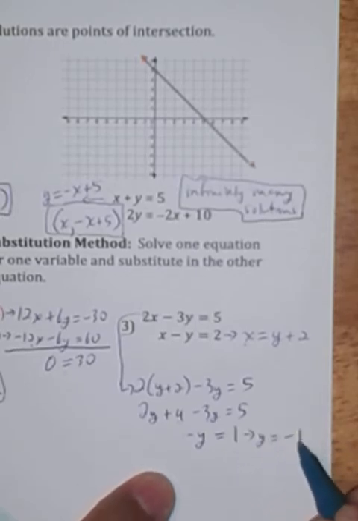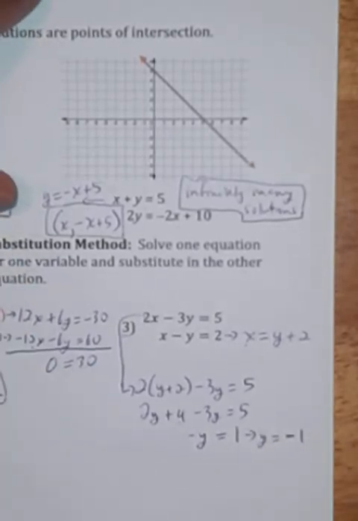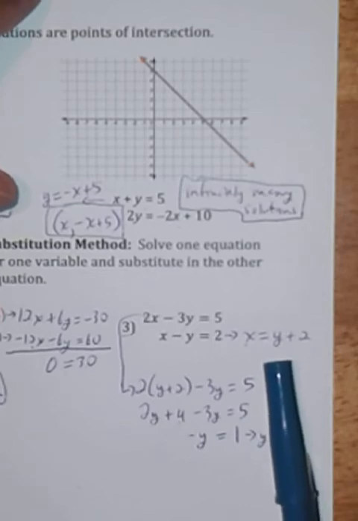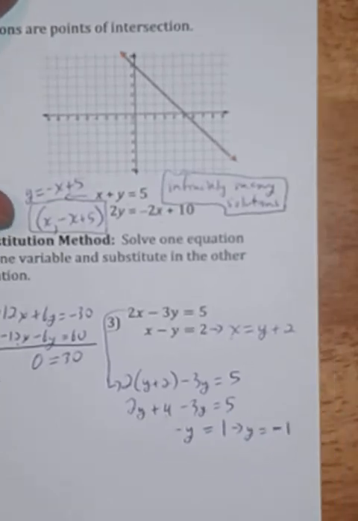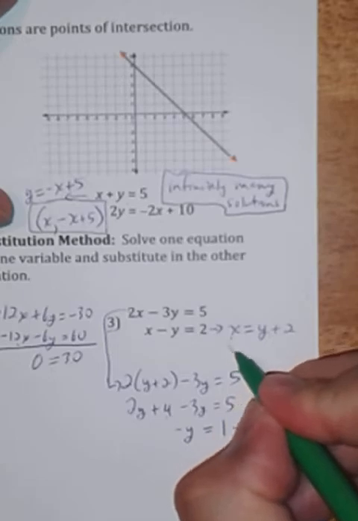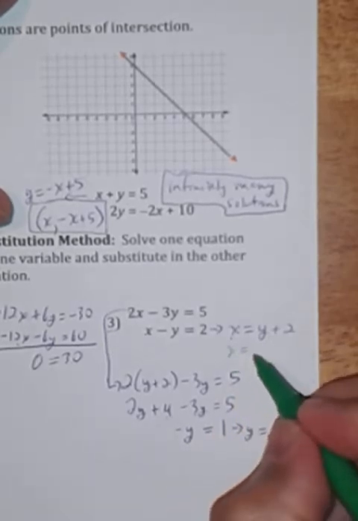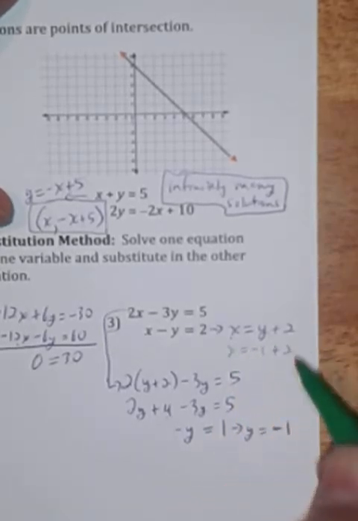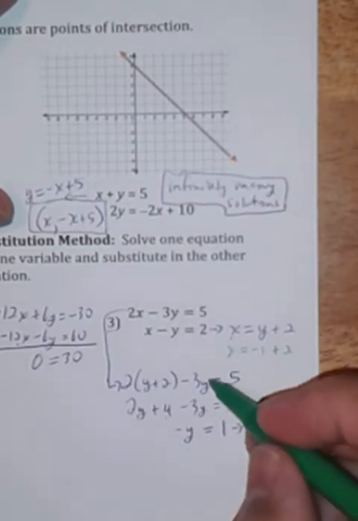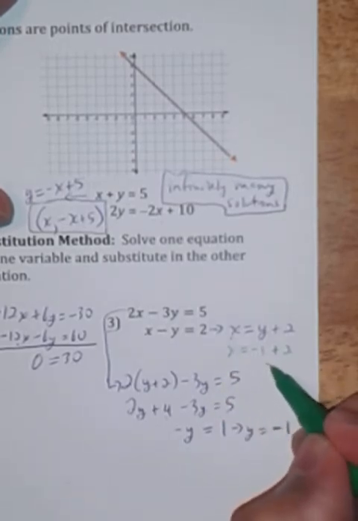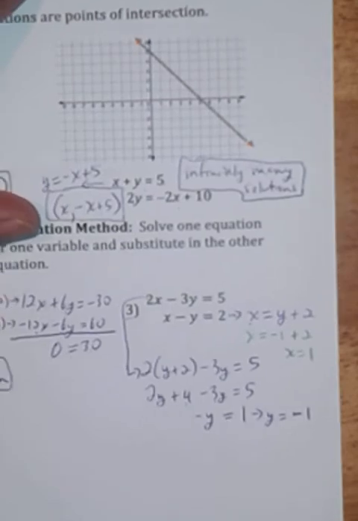Y equals negative 1. How do I find x? Well, I go back to this first equation here. And I just substitute the y. So my x is going to be, y is negative 1 plus 2. And so x is 1. Okay, so the point of intersection then is 1 comma negative 1.